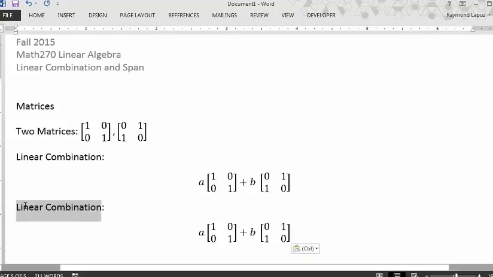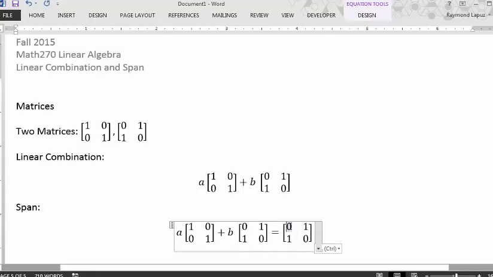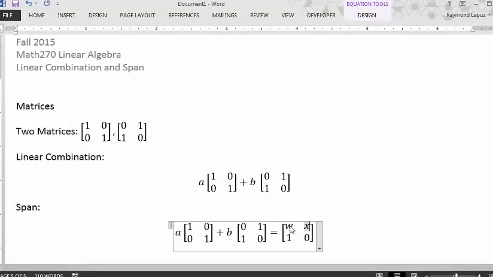So the span of this is going to be, what would we get if we added these two matrices? So what values of w, x, y, and z do we get when we add these two matrices?